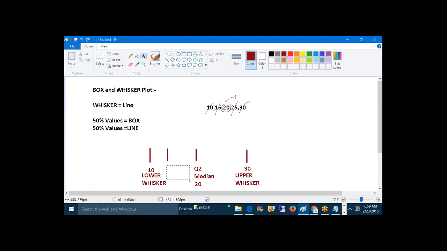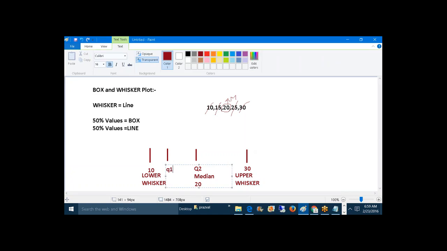That 15 will be called Q1, which is known as the lower quartile. Tile means one part; if we divide it into 4 parts, they are called quartiles.